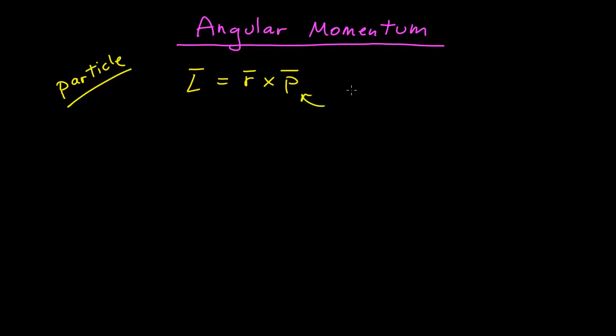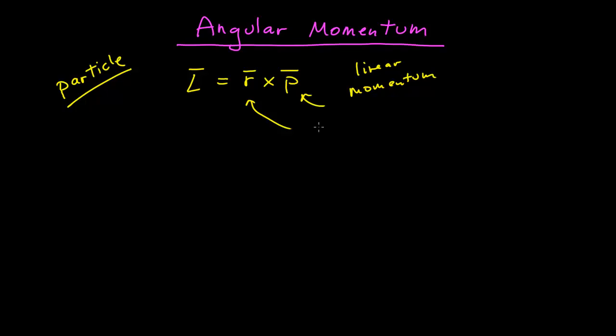So P is the momentum, the linear momentum of the particle. And R takes the place like the R from the definition of torque. It is defined relative to an axis.